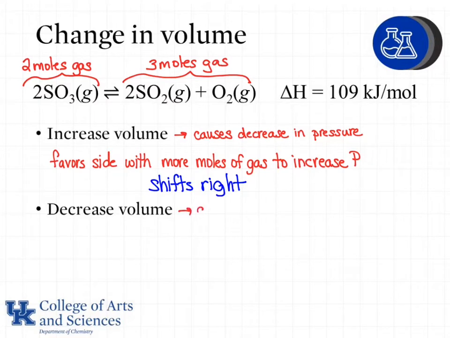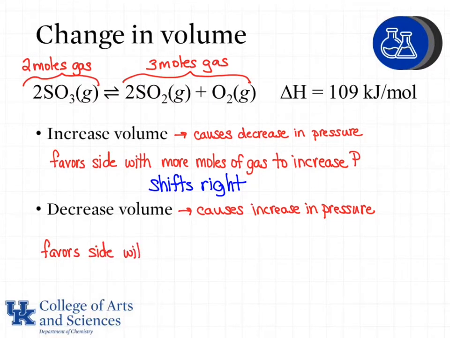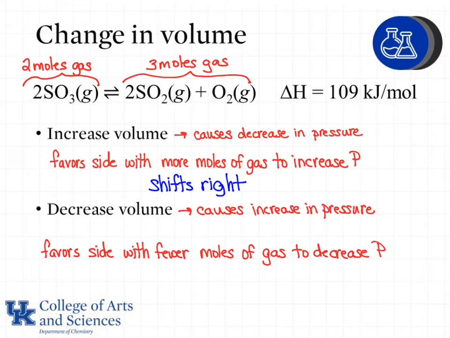When we decrease the volume, we see an increase in pressure. To respond to that, we will favor the side with fewer moles of gas, because fewer moles of gas will lower the pressure inside the container, so it's a direct response to the decrease in volume, which increased the pressure.